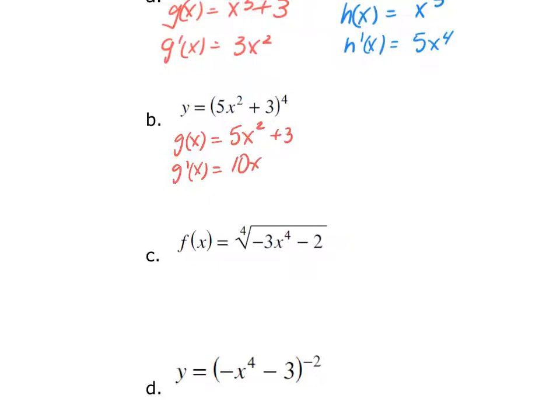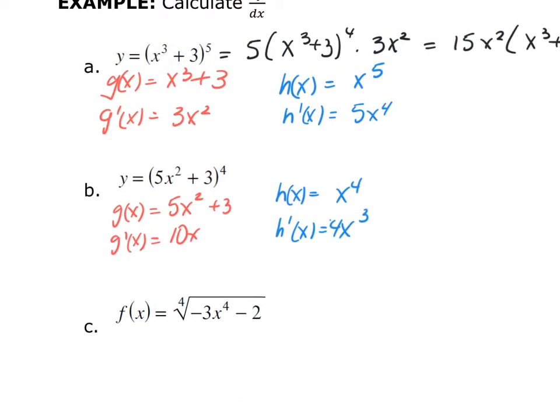What's the derivative of my inner function? 10x. What is my outer function? x to the fourth. What is the derivative of x to the fourth? 4x to the third. But do I just write x there, though? I need a 4 right there. Do I just write x? Nope. So y prime is going to be equal to 4, my inner function, 5x squared plus 3, to the third power.